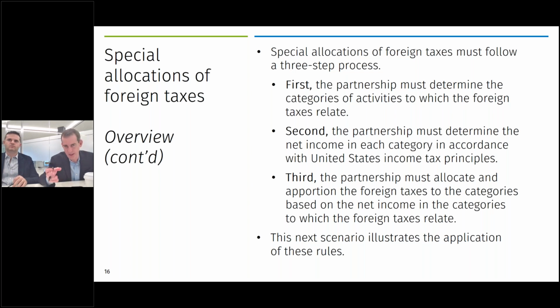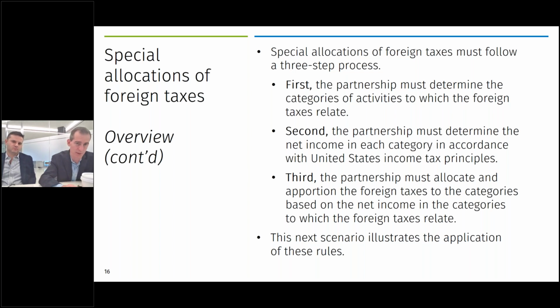And so the guts of the regs drills down into that, and it gives you these three requirements here. So there's a three-step process. First, you have to determine what categories of activities the taxes relate to. And a category of an activity of a partnership is not a foreign tax credit branch concept. It's really about the economic activities of the partnership.